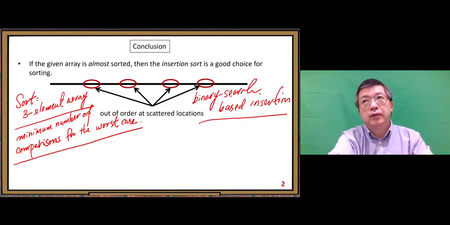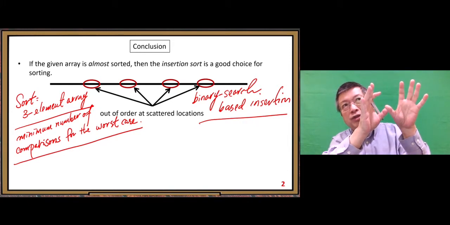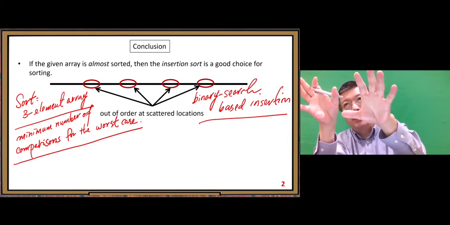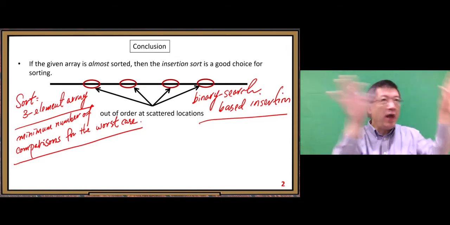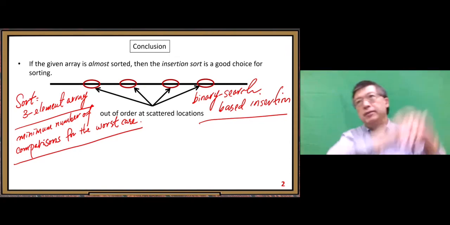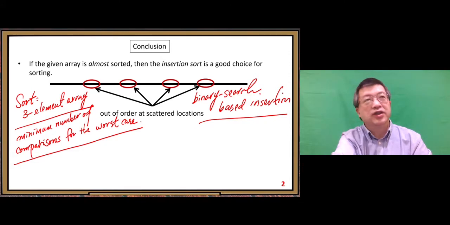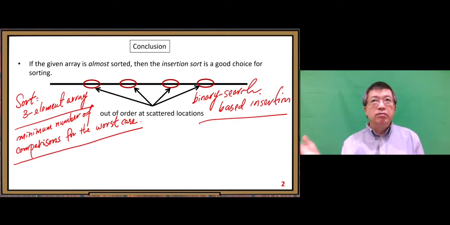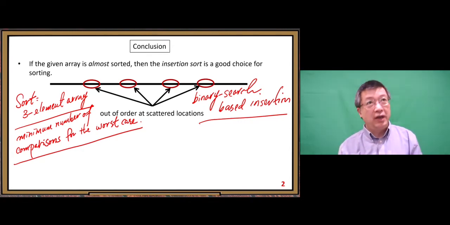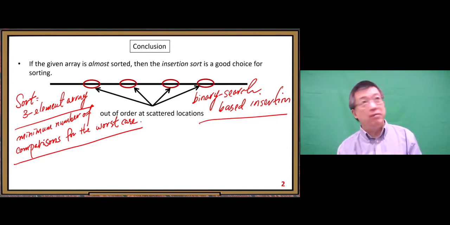Because if you use that number of comparisons to cover the worst case, then you just need that number to solve any case. So that's why we talk about worst case here. This problem is so simple, only 3 elements, so everyone can solve it quickly, I believe.